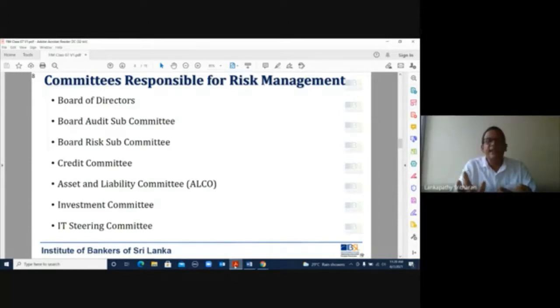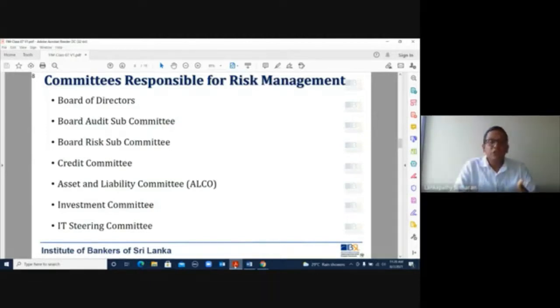There may be several names for the board risk oversight committee in banks and finance institutions, but this risk subcommittee is also one of the committees involved in the risk management function. And the credit committee, of course, evaluates the risk emanating from credit, the granting of particular facilities to customers, or the credit portfolio.